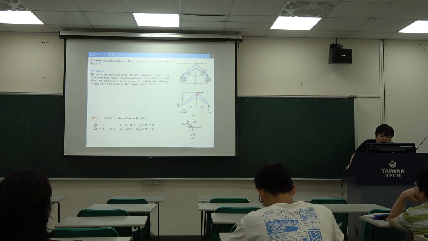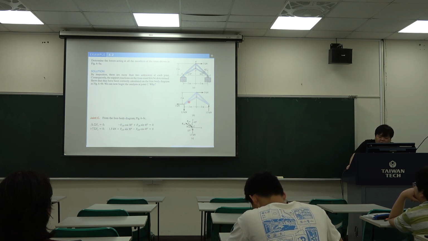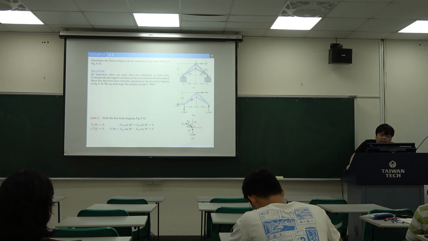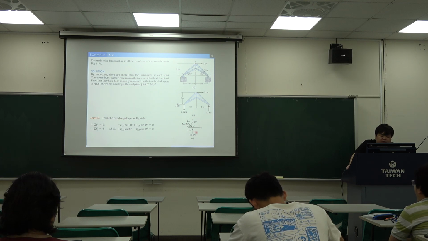Okay, so then we can draw, because we need to use the method of joints, then determine the internal force of every truss member. So we can do joint C first.